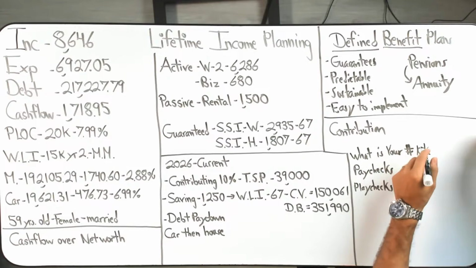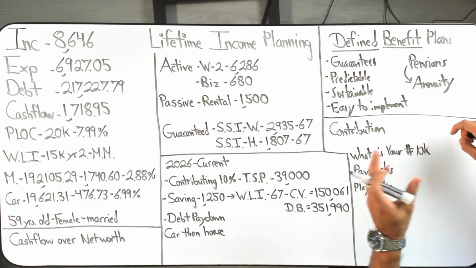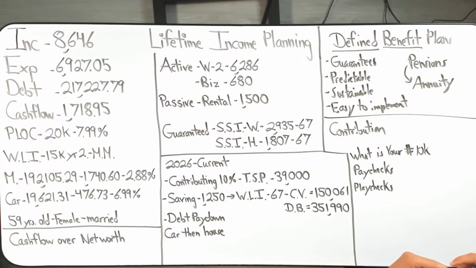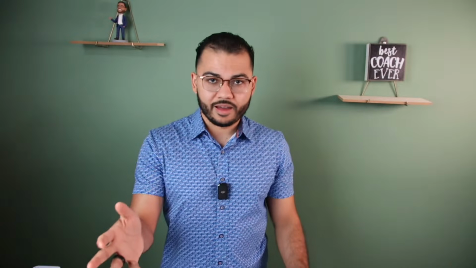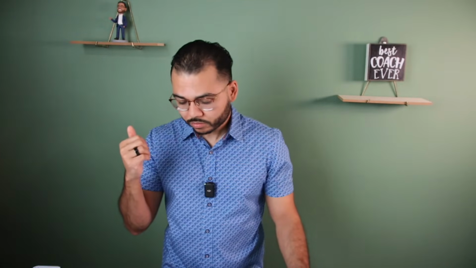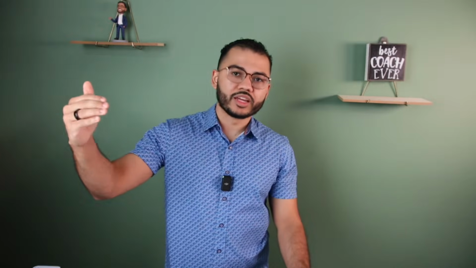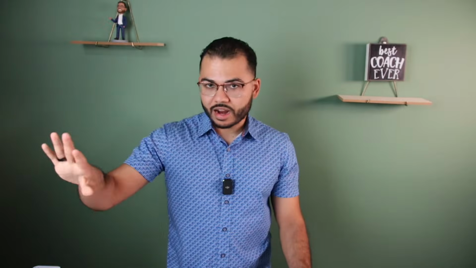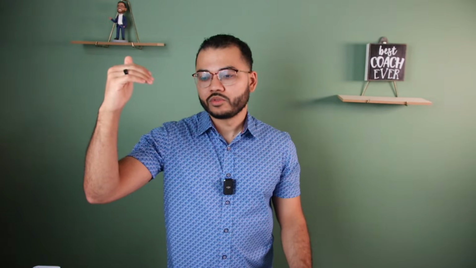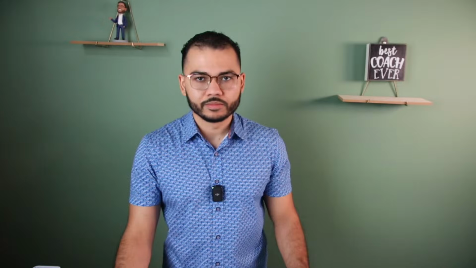So there's your number that you're trying to solve for. And if you're tuning in live, let me know what your number is. Let me know how much income you want to create for the rest of your life in retirement. How much income do you want to have where, if you know you're bringing in this amount of money per month, net after taxes, that you won't have to worry about money.